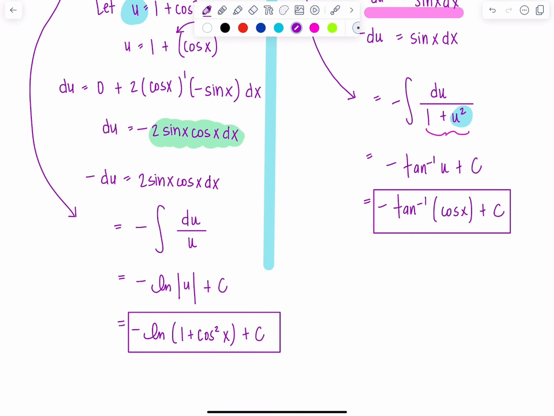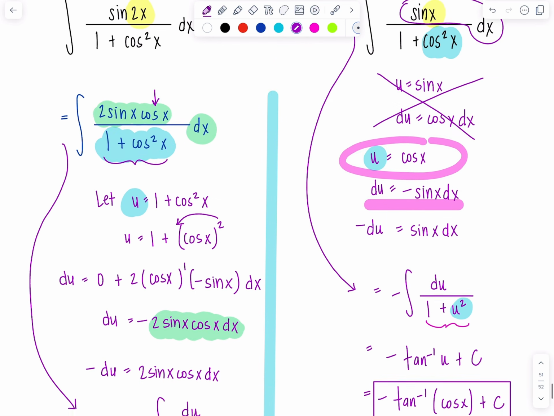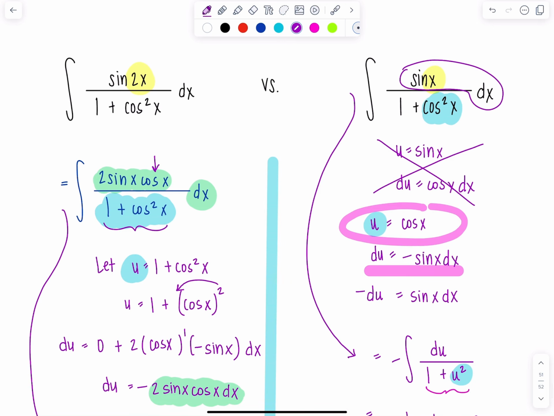So notice they look very different, and the entire approach of u-sub was very different as well. So here's the thing to keep in mind, okay? If you just have one lonely little sine, then just let u be cosine of x to the first.